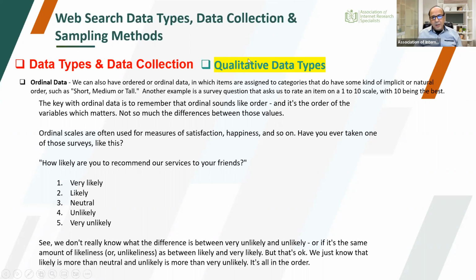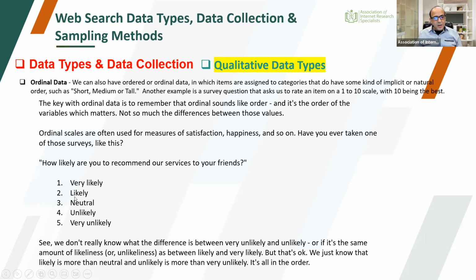And ordinal in the qualitative way requires you to understand the language of how you're going to rate it. How likely, very likely, less likely, neutral, unlikely, very unlikely. So these are the ordinal data, and these are structured, or you could say organized, in the sense that it uses similar kinds of sentiments but gives them different values.